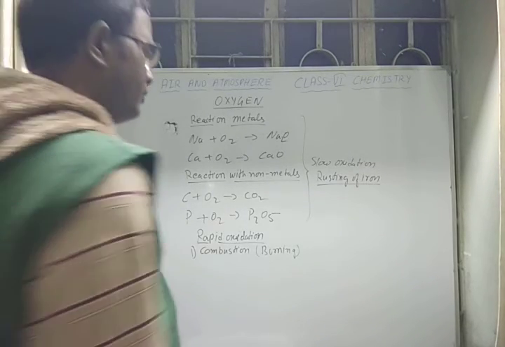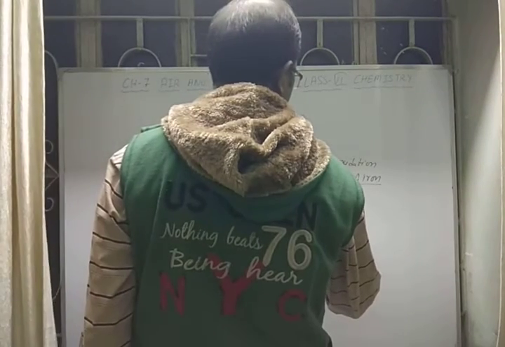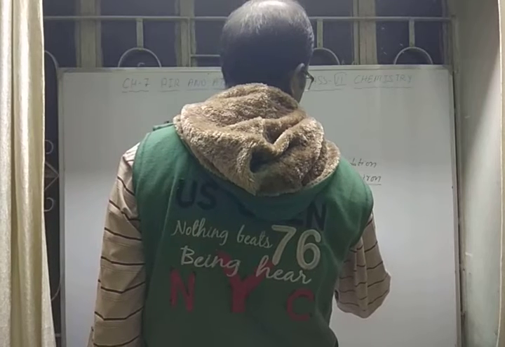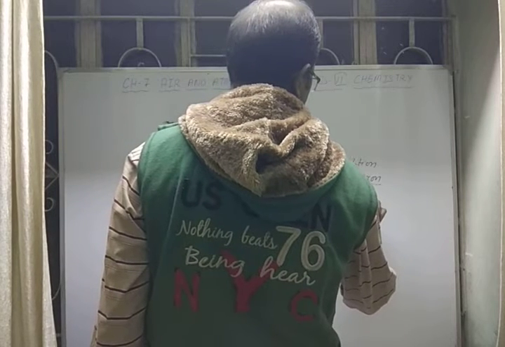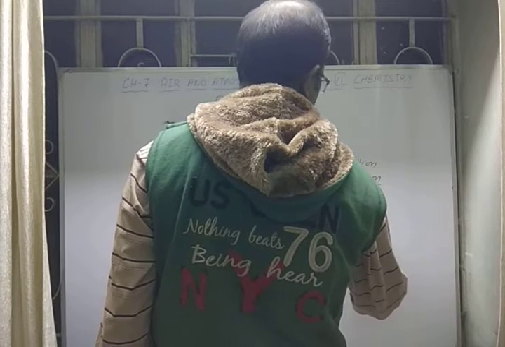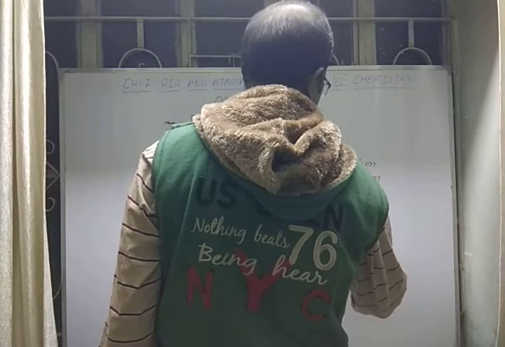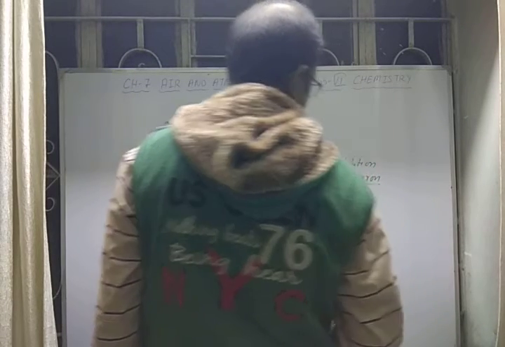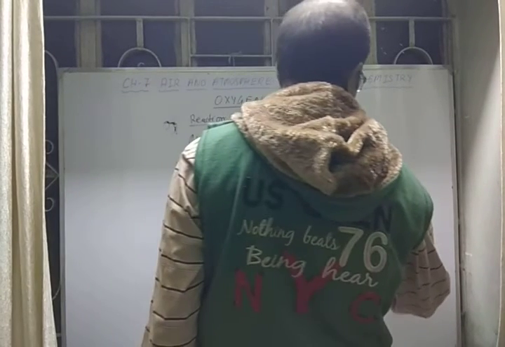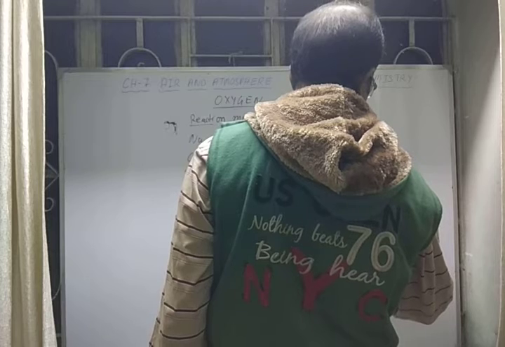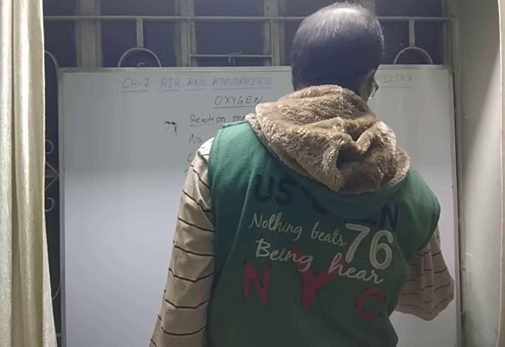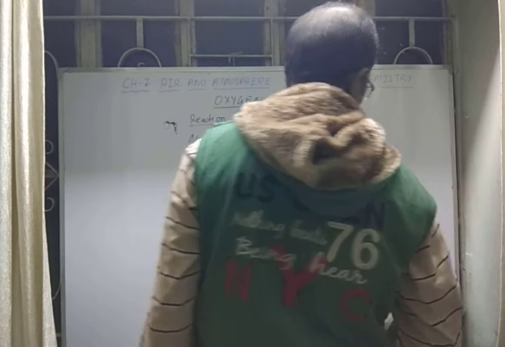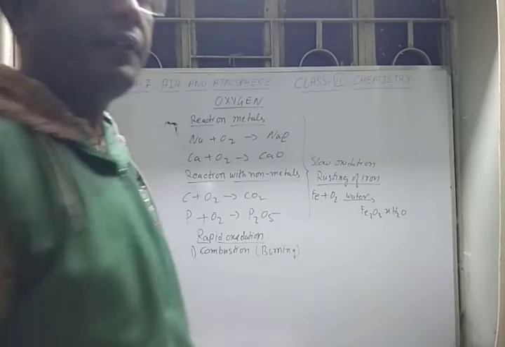What is rusting? Here iron, Fe, reacts with oxygen plus water, that is in the presence of moisture, H2O. It gives Fe2O3 dot XH2O, that is called hydrated ferric oxide.